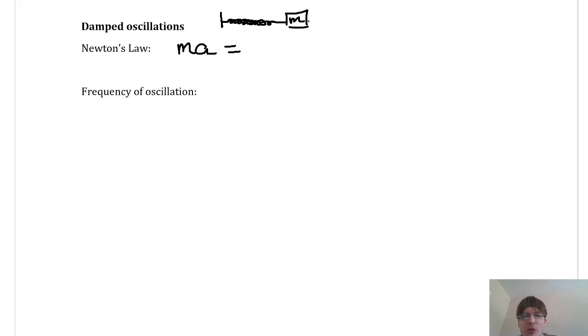And then the damping is produced by some kind of a damper which moves in a fluid. So here's the damper, like the disc, that moves inside the liquid, and it produces a damping effect upon its motion. So Newton's law has to include, of course, the restoring force, but now also the damping force.